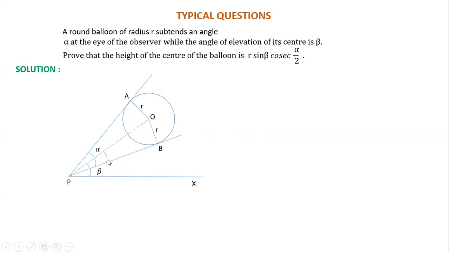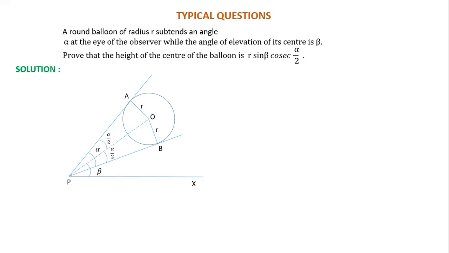So this is half of it, because this angle and this angle both are equal. Half of the entire angle is alpha by 2, and the other part also should be alpha by 2.